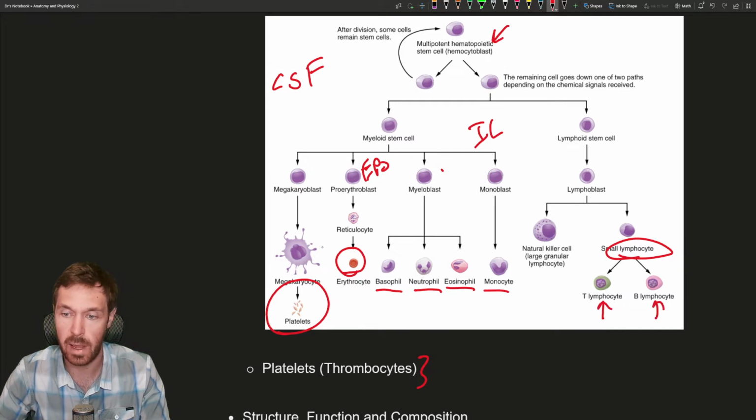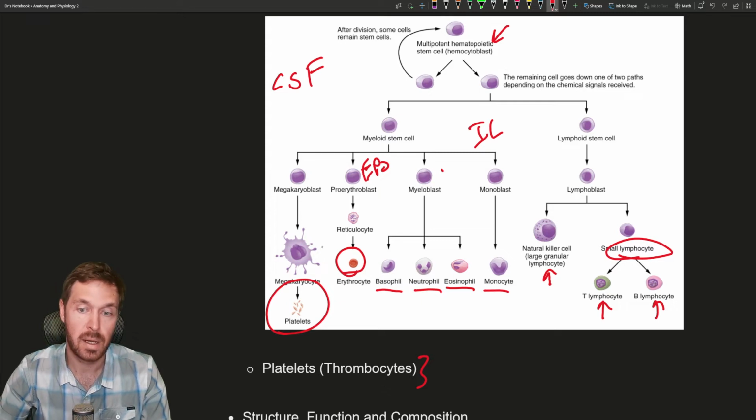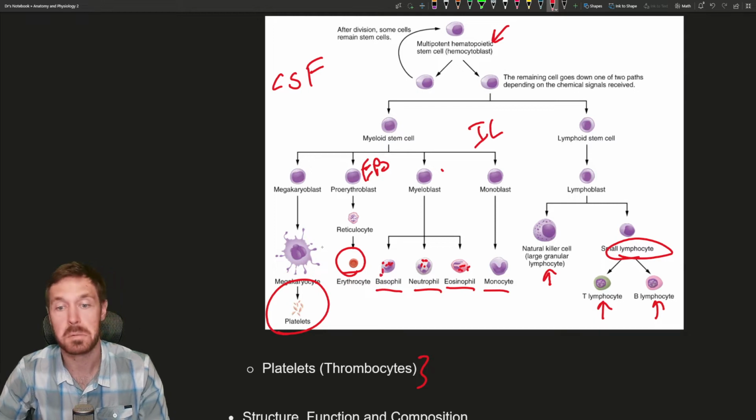Also over here, you have these large granular lymphocytes called natural killer cells. Some of these are known as granulocytes, and some as agranulocytes. A granulocyte has stained cytoplasmic granules in it. So neutrophils, eosinophils, and basophils all have these stained pigments in them.